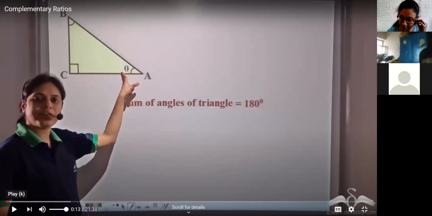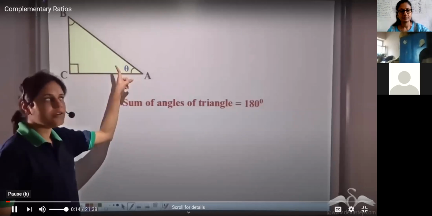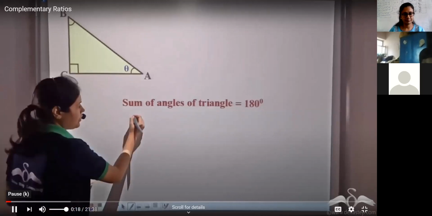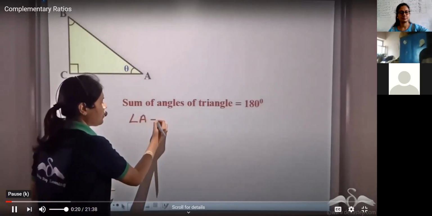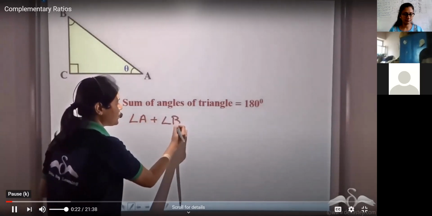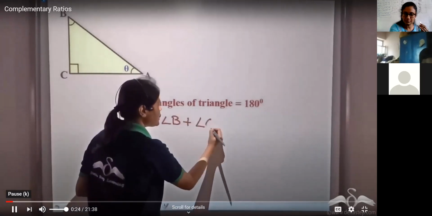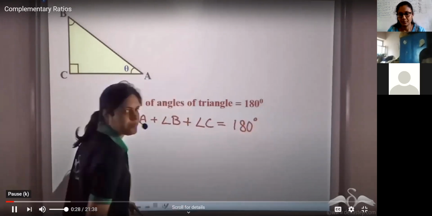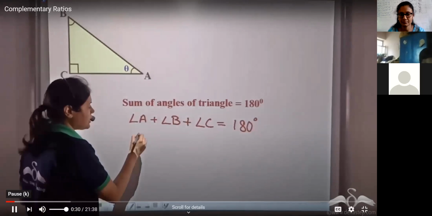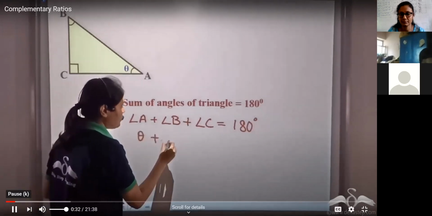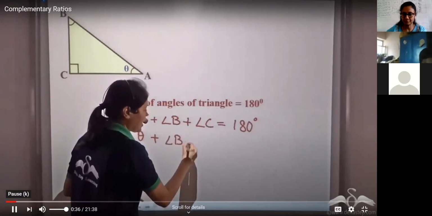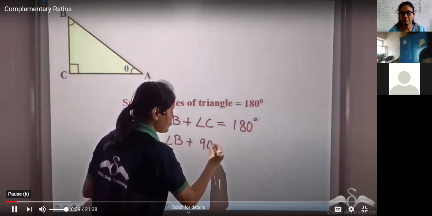All right? Here we go. Theta. So what will be the measure of angle B? Well, angle A plus angle B plus angle C is equal to 180 degree. Now angle A is theta, angle B we have to find out, and angle C is 90 degree.